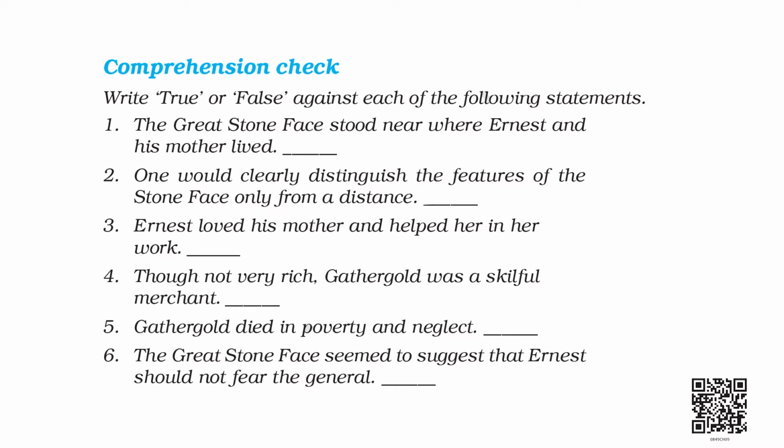You have to say whether they are true or false based on the story. Statement 1. The great stone face stood near where Ernest and his mother lived. Is that true? No, it's false. The great stone face was at a distance, and that's how you could see the face. Otherwise, you would only see a heap of rocks, right?